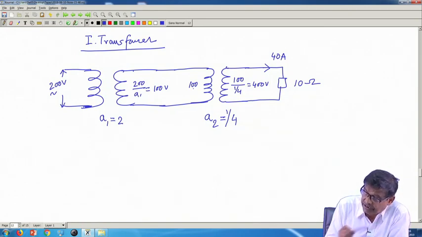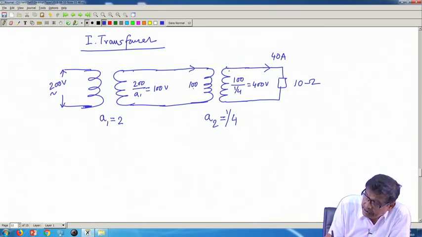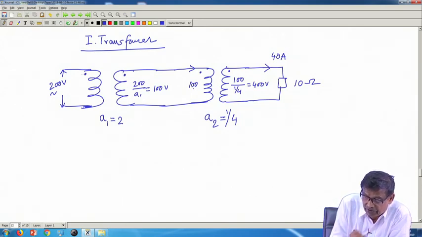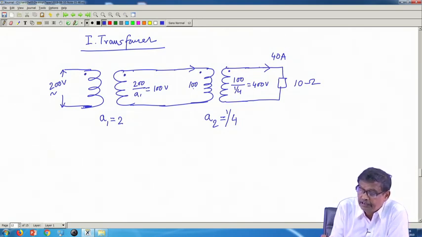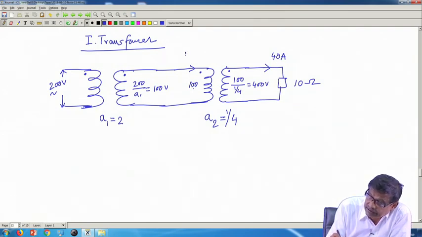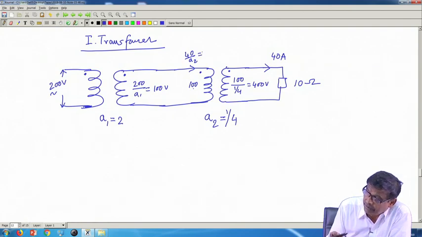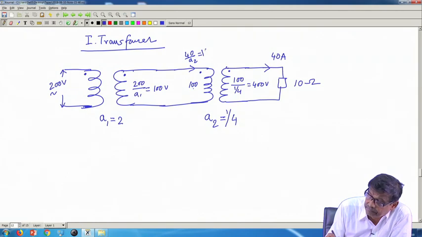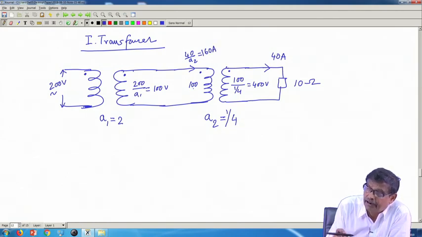If this is 40 ampere, and mind you, I should have shown you the dots, then its secondary current is 40, so this current will be 40 by A2. 40 by A2 means 160 ampere.